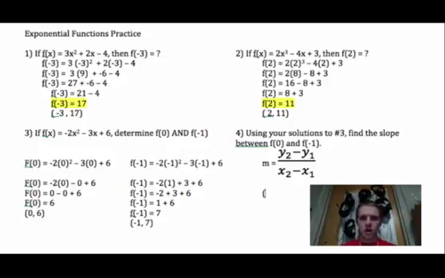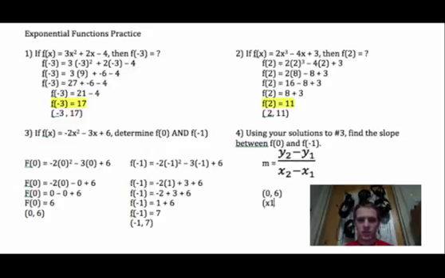Let's copy over our two solutions. So one solution was 0, 6. Our other solution was negative 1, 7. It doesn't matter which point you call your first, which point you call your second, but keep it consistent.